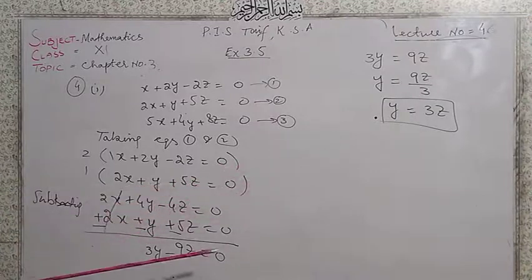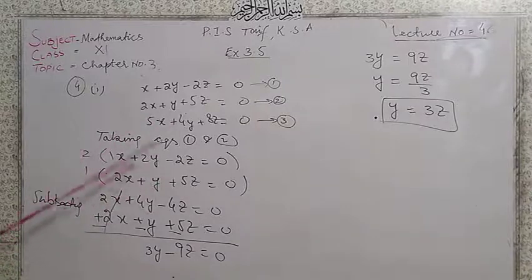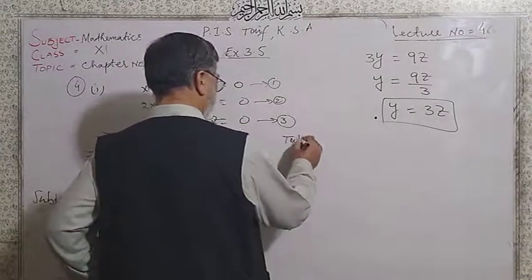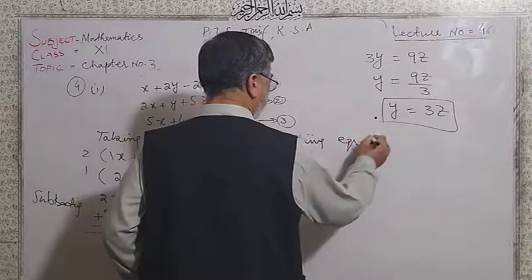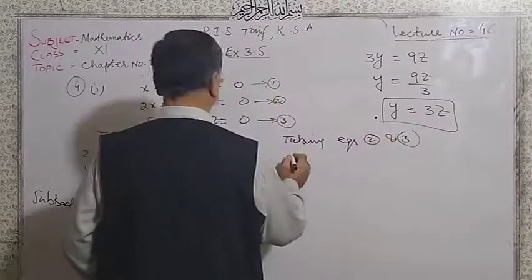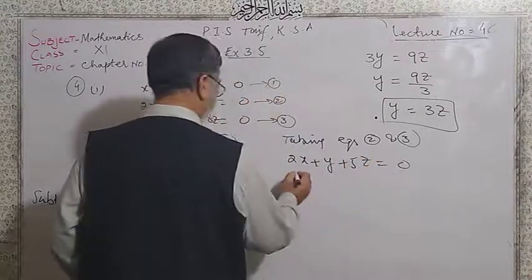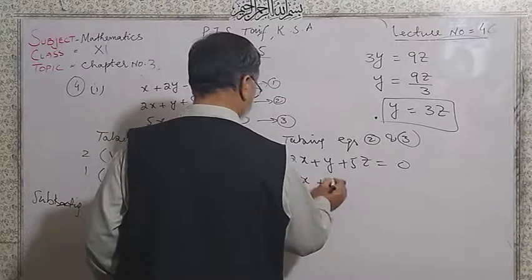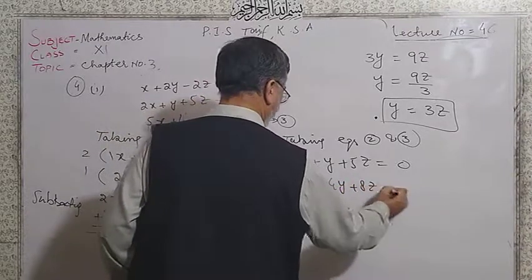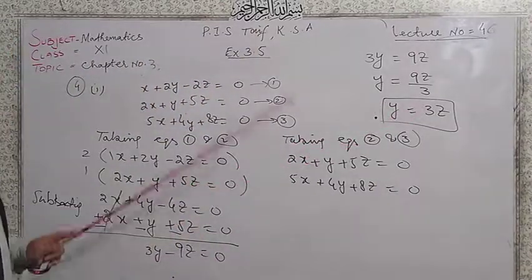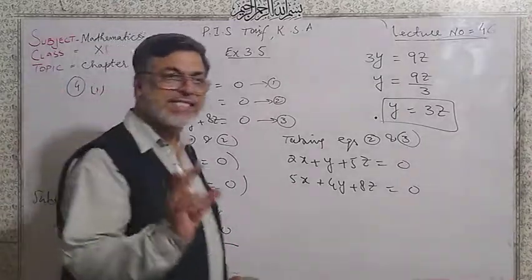Now, again we will write down x in terms of z by taking equations 2 and 3: 2x plus y plus 5z is equal to 0 and 5x plus 4y plus 8z is equal to 0.